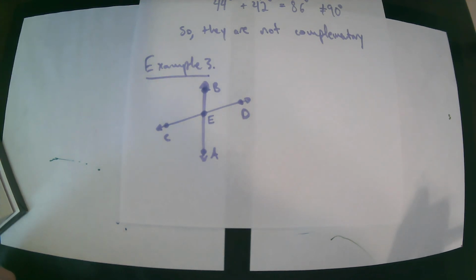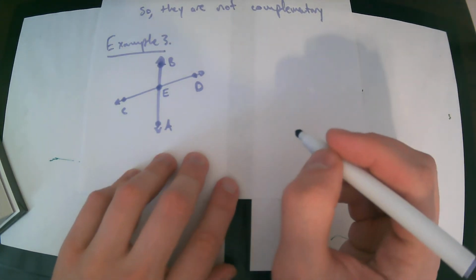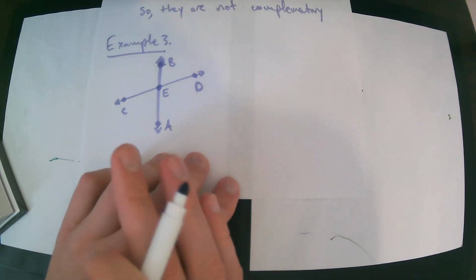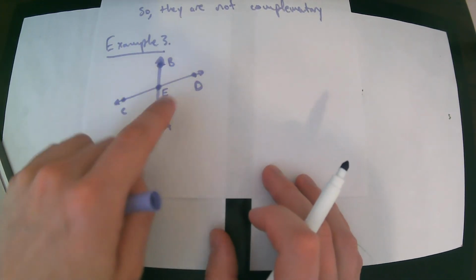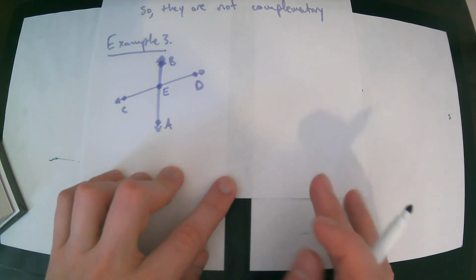So whenever you're asked to show something in geometry, there are lots of different techniques, but something that may help here is to think about where you want to end up. You want to show that angle BED is supplementary to angle DEA.